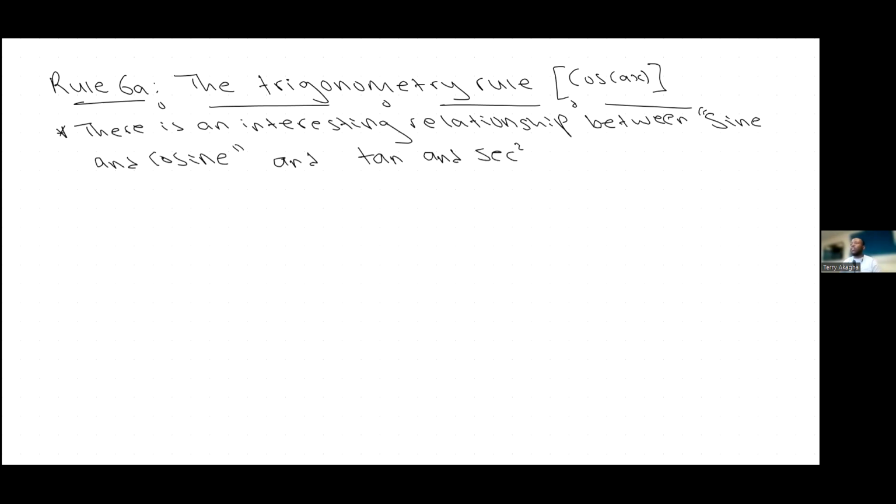So there's an interesting relationship between both of them, between sine and cosine, and tan and sec squared, all right?